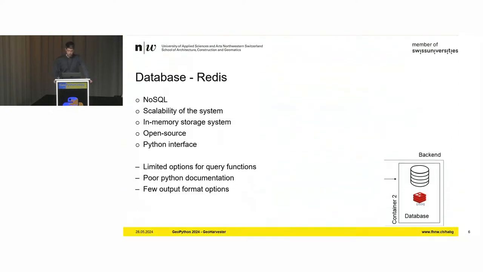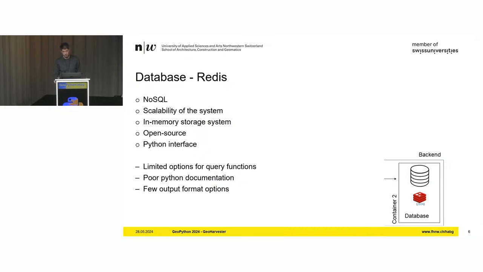Starting with the database, we have chosen Redis because it's NoSQL, so it has very good scalability of the system, so we can add additional data. We have no constraints like with SQL databases.